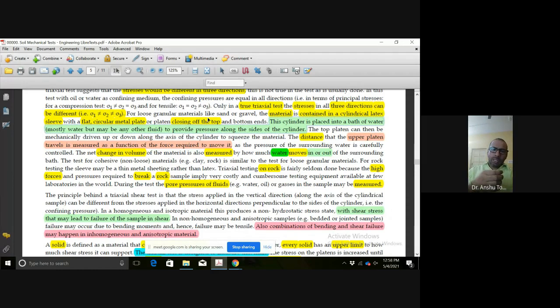It is like the medical gloves we have: plastic, rubber, the same material of which medical gloves are made. The prepared soil sample is kept in that, and that cylindrical specimen is put into a water bath, confined from the top using the metal plate, and confined from the sides with the water bath.